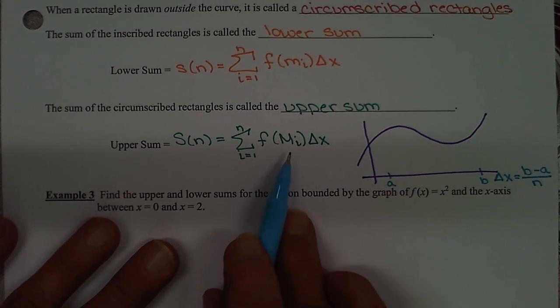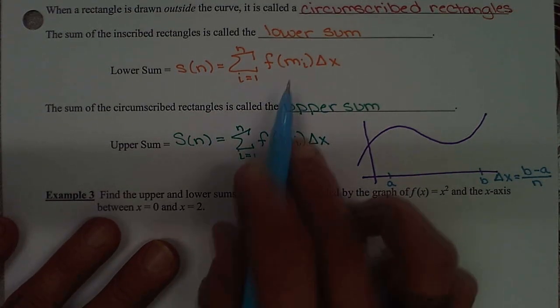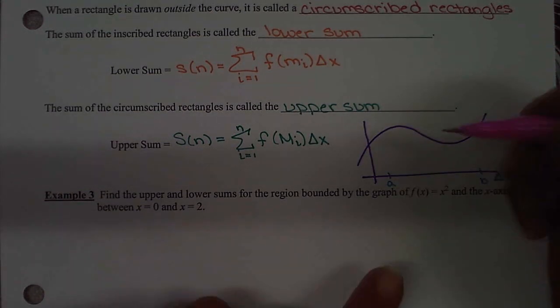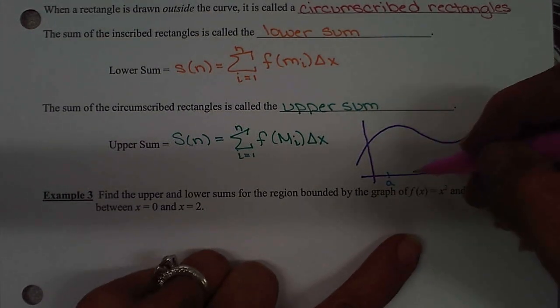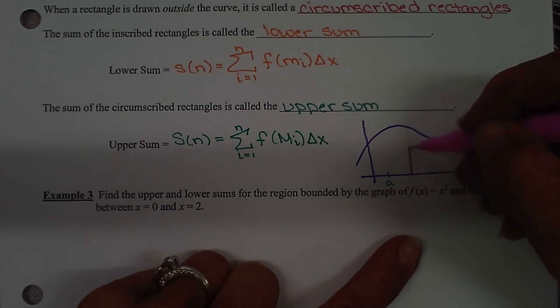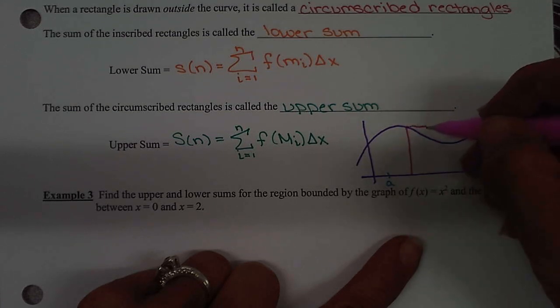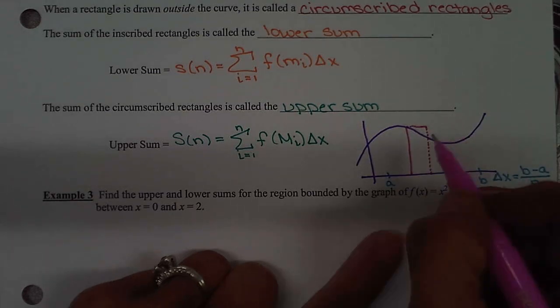Then for our big M sub i and our small m sub i, if we were to go ahead and come in here and draw in a rectangle, first I know that I could come in here and make a point, come across whatever my width is, and then back down again here.